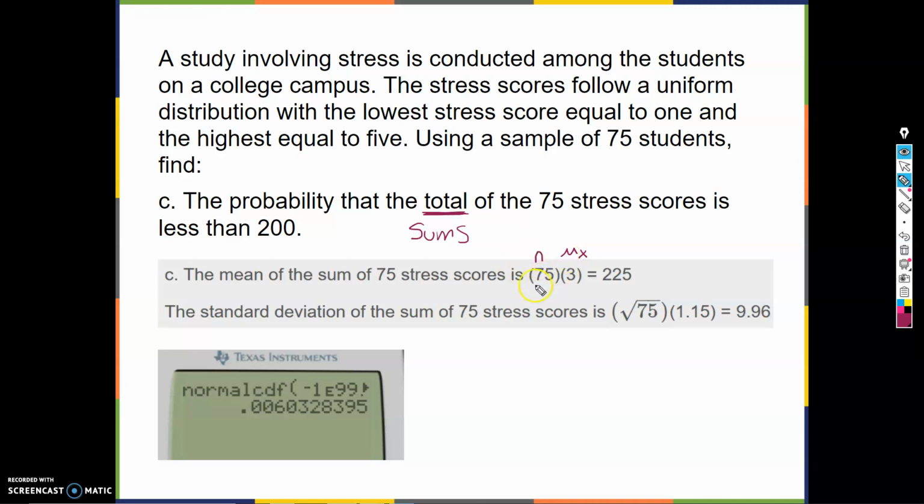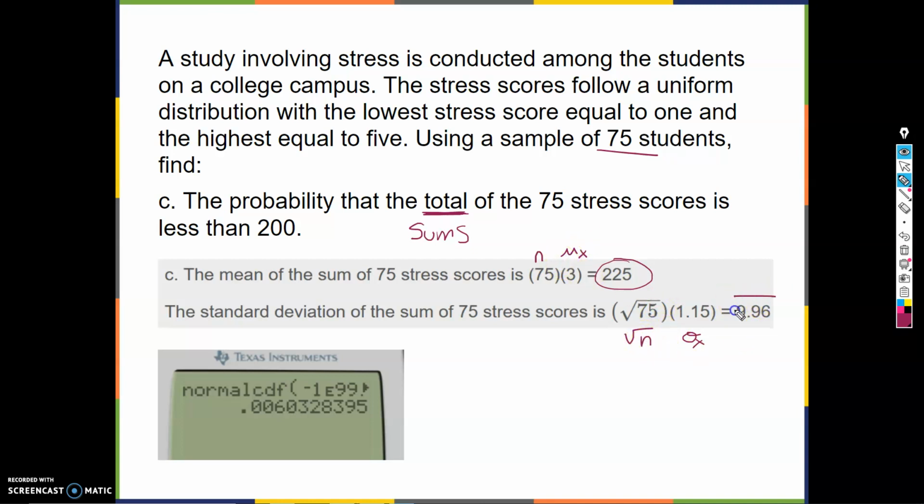Our new mean for our sample distribution of sums, remember, is n times the mean, so this is now our new mean: 225. The standard deviation, remember, is now square root of n times the old standard deviation. So this is the original standard deviation times the square root of n, which is 75.